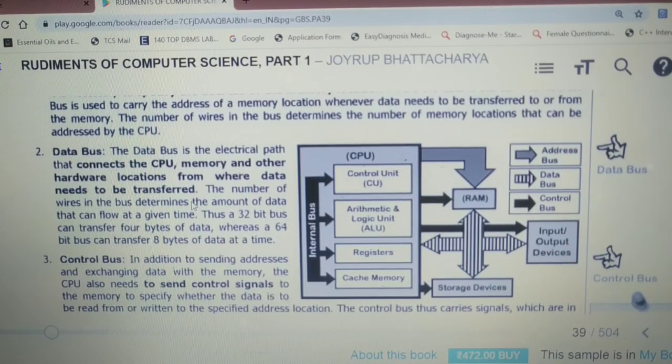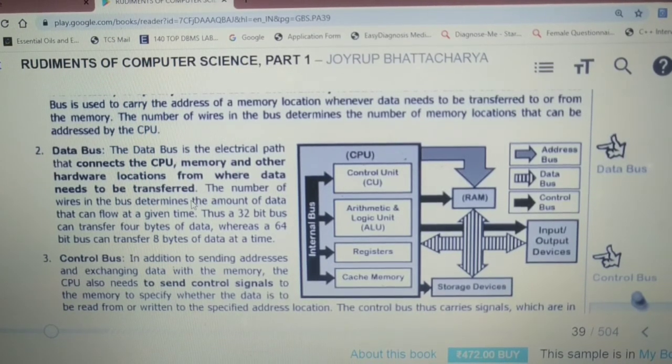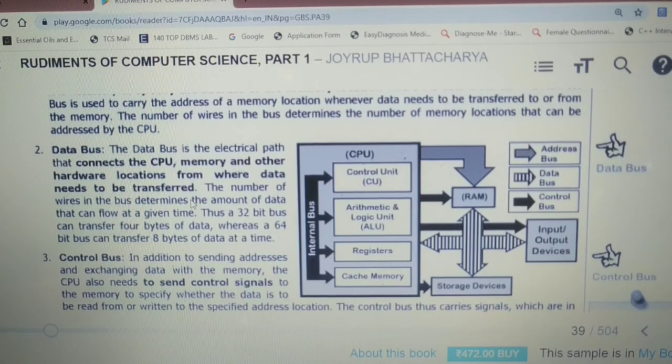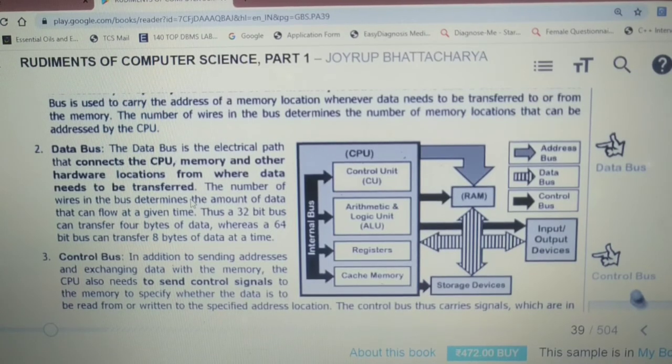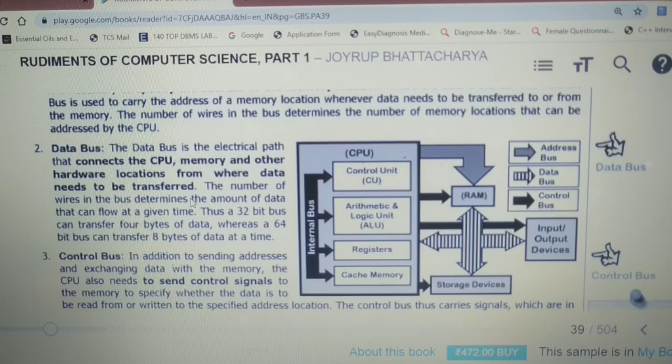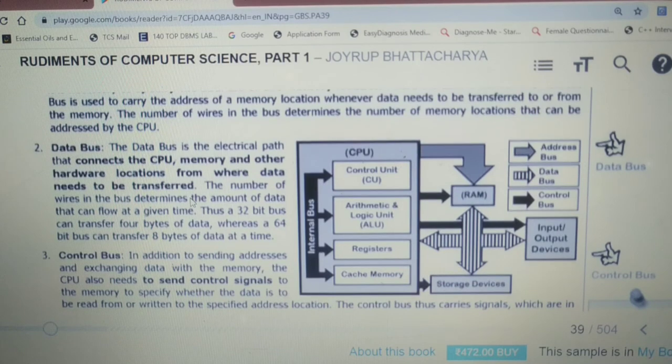In addition to sending the address and exchanging data with the memory, the CPU also needs to send control signals to the memory to specify whether the data is to be read from or written to the specified location. So the control bus carries this kind of signal.